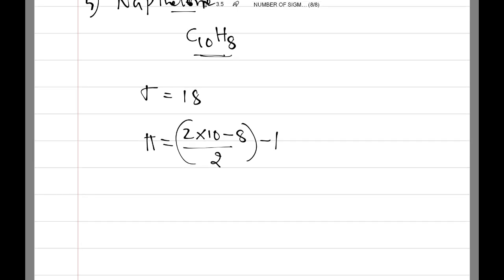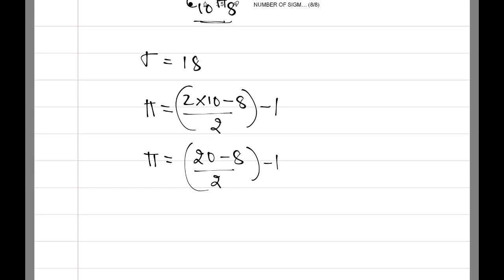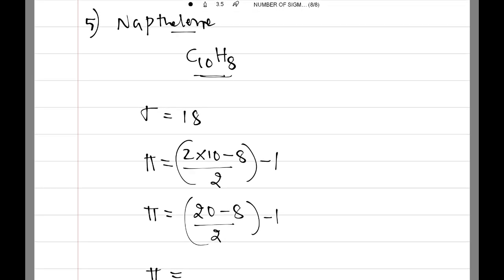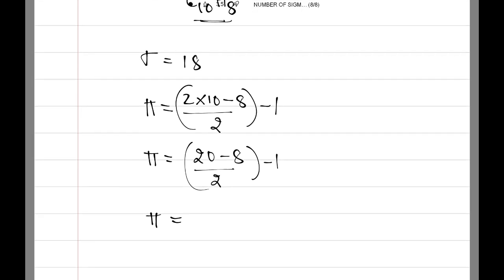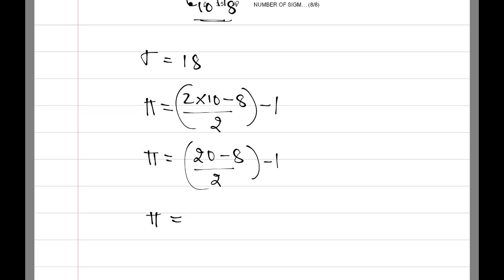So 20 minus 8 by 2 minus 1, which is 12 by 2 minus 1, that is 5.